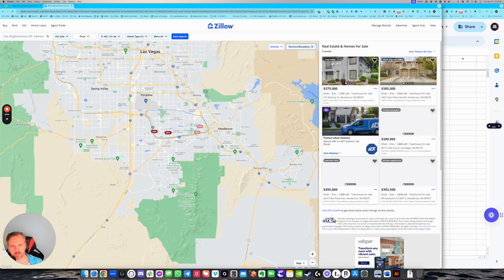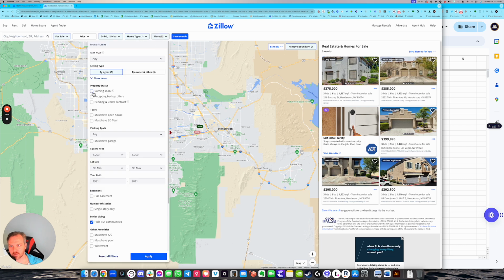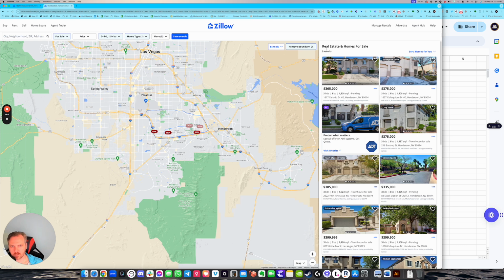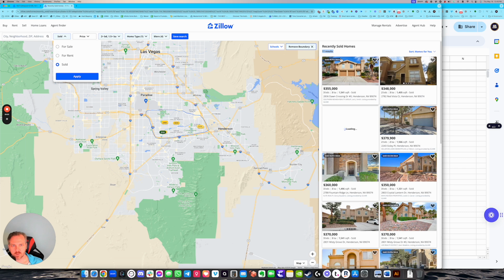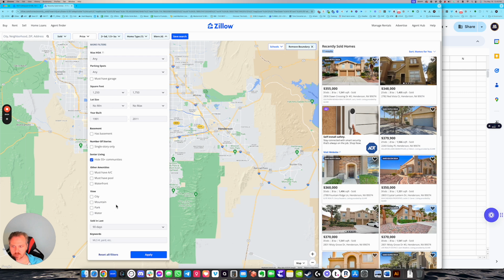And we're going to apply. So right in here, there's only a total of 5 houses currently for sale that is not pending, coming soon, or actively under contract. There's 9 if you include the ones that are active. But if we go to sold, there's 11. So again, we're in a seller's market here.